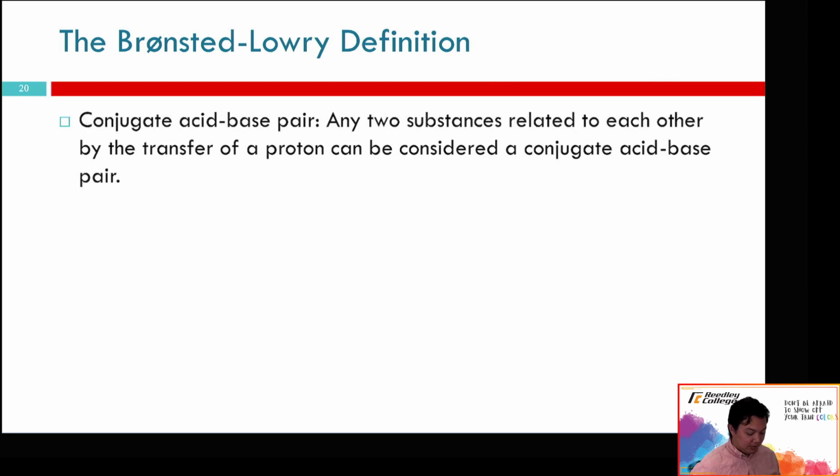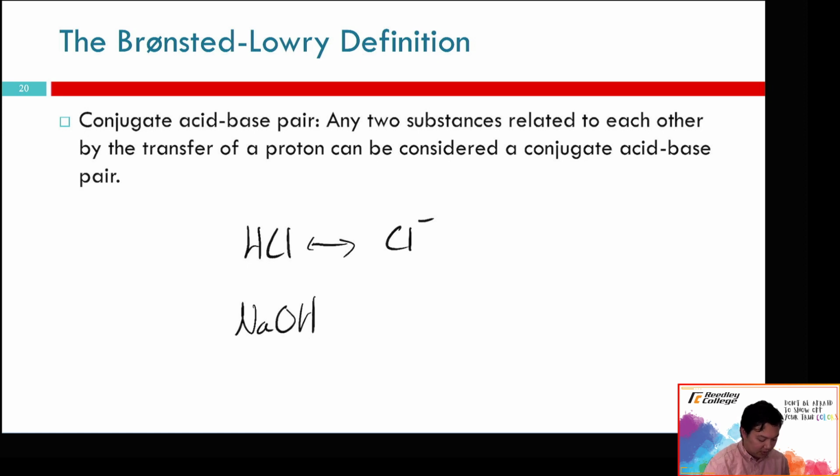So again, any two substances related to each other by the transfer of a proton can be considered a conjugate acid-base pair. If we have HCl, the conjugate acid-base pair would be Cl minus. If we had NaOH, well, this would really be OH minus, right?